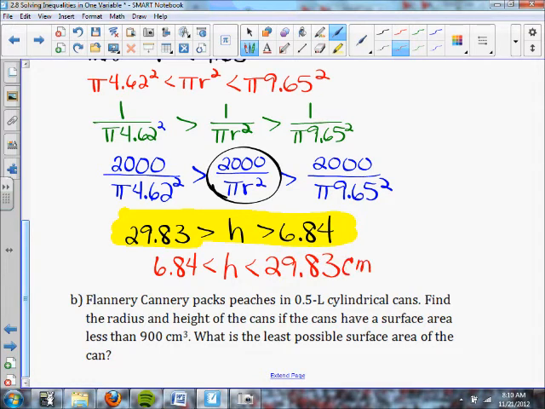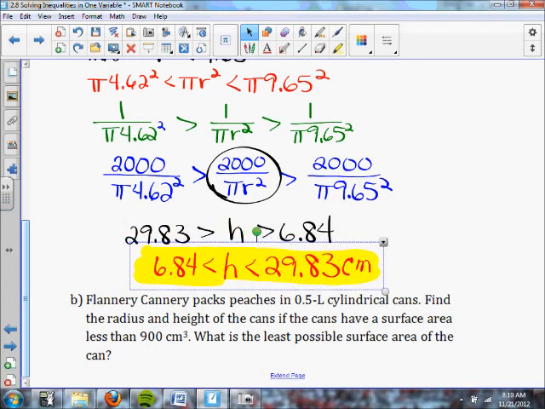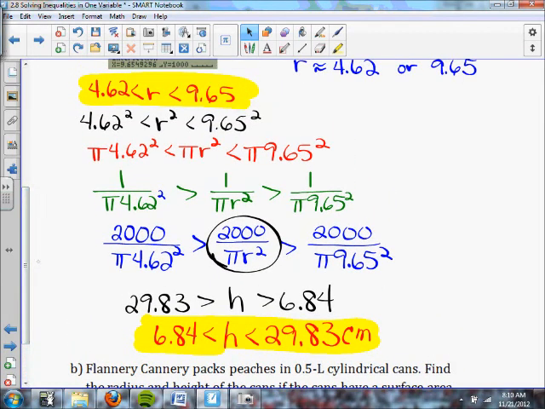And these are in centimeters. So your height will be between those two. Okay? I mean, it's the same exact process. The only difference is when we invert the fractions here, we've got to flip the inequalities. Okay? That's what we're going to have.